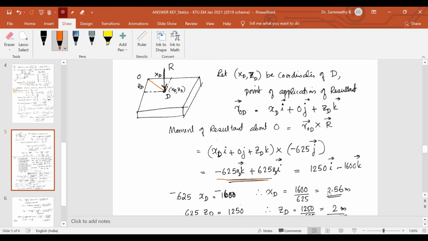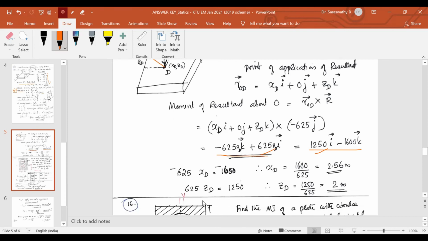Equate it to the moment which you have got already, the moment of all the forces about that particular point. Compare the I terms: 1250 is equal to 625 ZD. So 625 ZD is equal to 1250, and from that we get ZD. Compare the K term: minus 1600K is equal to minus 625 XD, and from that we get XD. So we got the point of application of the resultant.